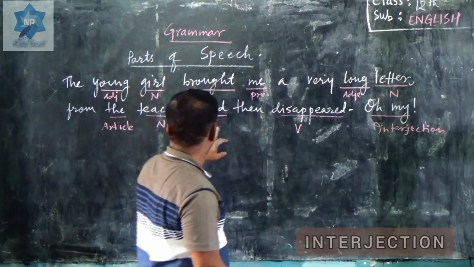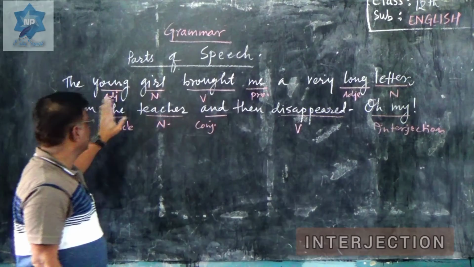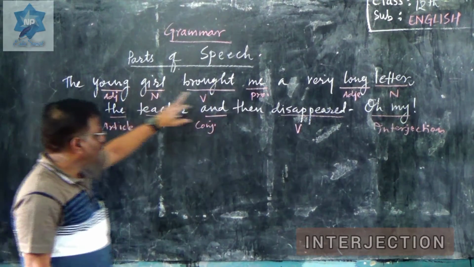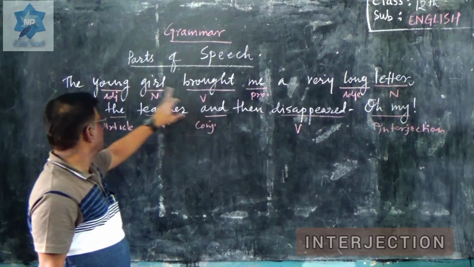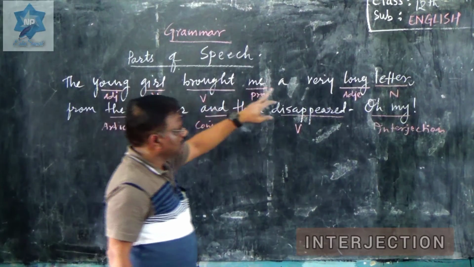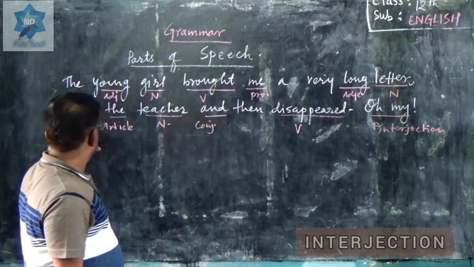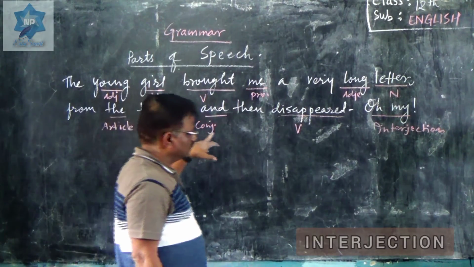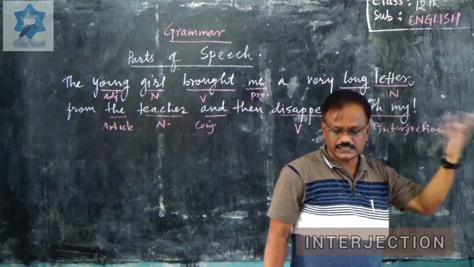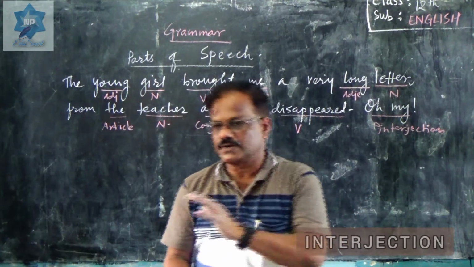And is a conjunction. See, noun, pronoun, verb, adjective. Then article, conjunction, interjection. In this way, these are the parts of speech.